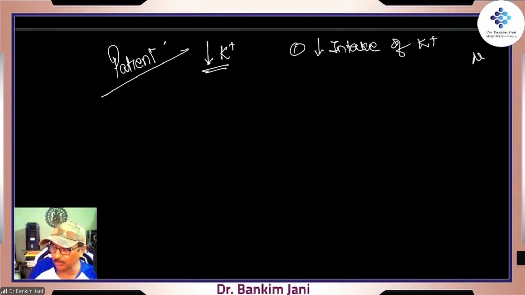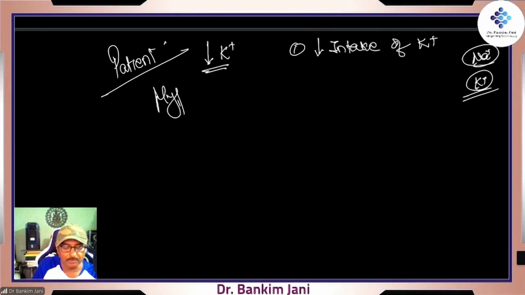In our body, sodium is important, but potassium is vital. In outside food, they always use sodium. Hypokalemia, yeah, that's right. So they use sodium chloride. Sodium chloride is tasty.